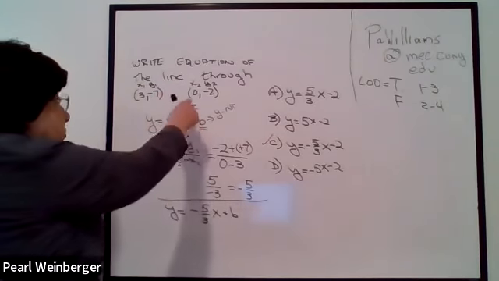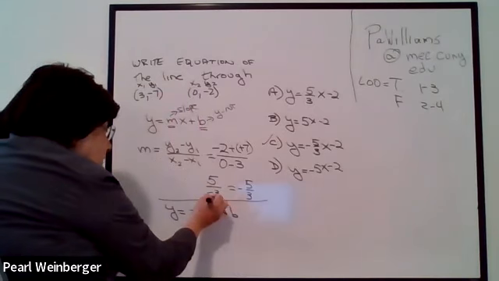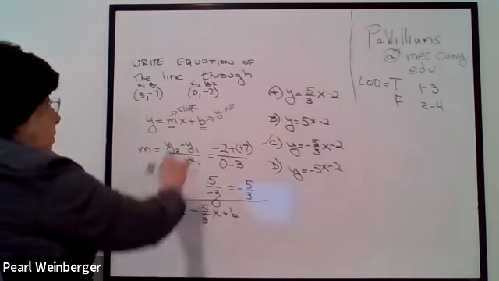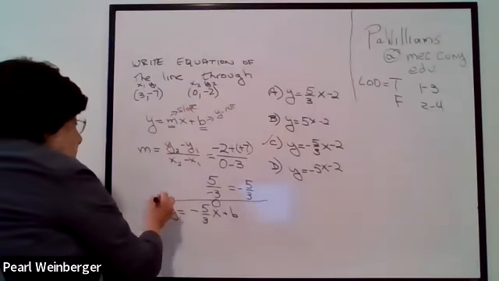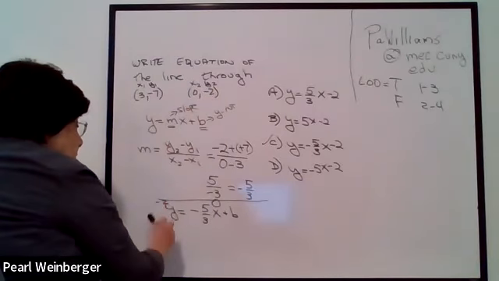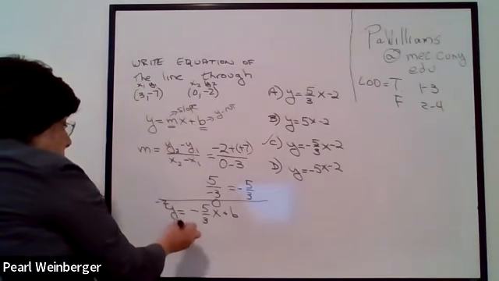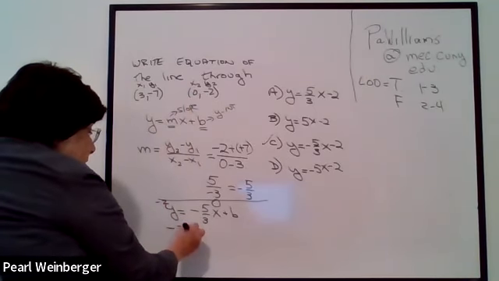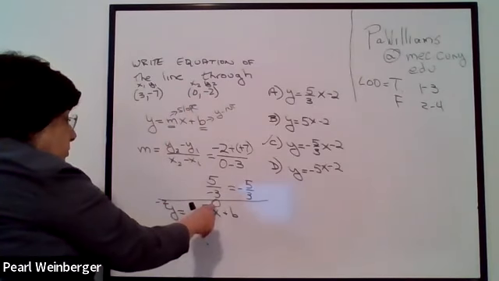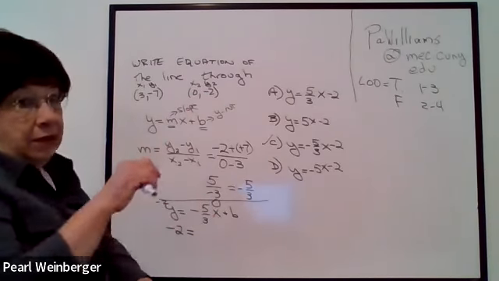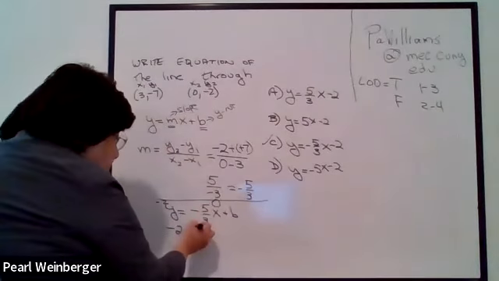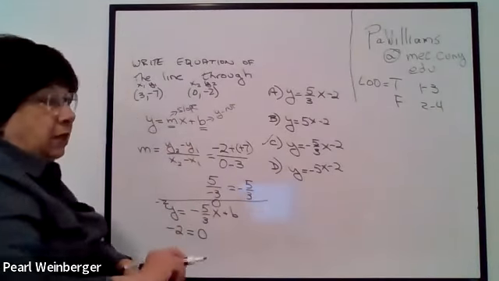So that means where I see an x, I'm going to put a 0. Remember to put the x over here. And where I see the y, I'm going to put the -2. Don't mix it up. So this will become -2 equals -5/3 times 0. Well, anything times 0 is going to be 0. That's an easy multiplication.